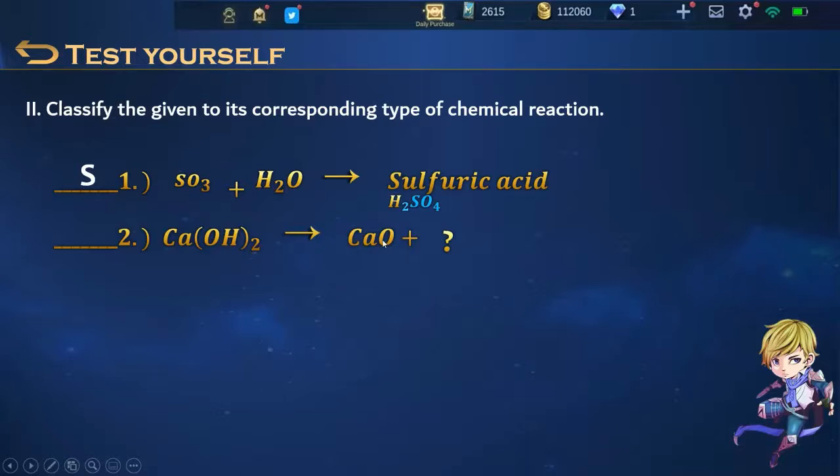What's missing? 2H ug usa ka oxygen. So therefore that's still water. OH2 or water, the same ra na siya. And this is an example of decomposition plus sign on the right side.